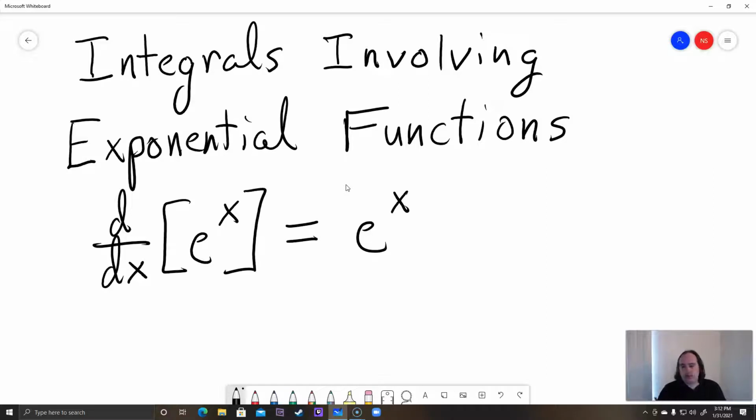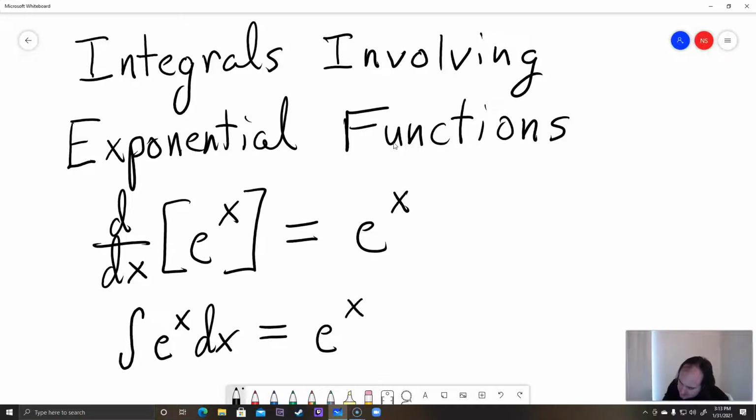And if you remember, derivatives and integrals are inverse operations, which means if you start on the right side and work to the left side, that should give you an integral. In other words, since the derivative of e to the x equals e to the x, many of you probably already know that the integral of e to the x dx is equal to e to the x.